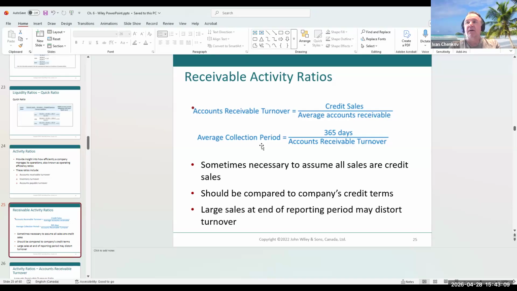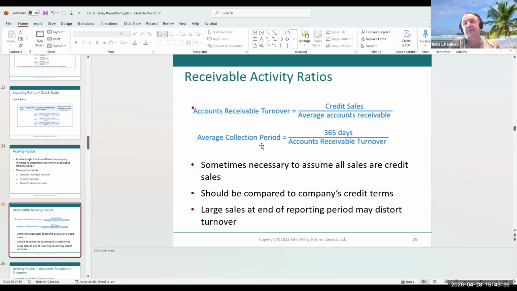Now, how are we going to get the average accounts receivable? That will be the beginning balance of the current year plus the ending balance of the current year, divided by 2. If you have 2 years, then it will be the first year plus the second year divided by 2. For the first year, you're going to use only the amount for the first year.